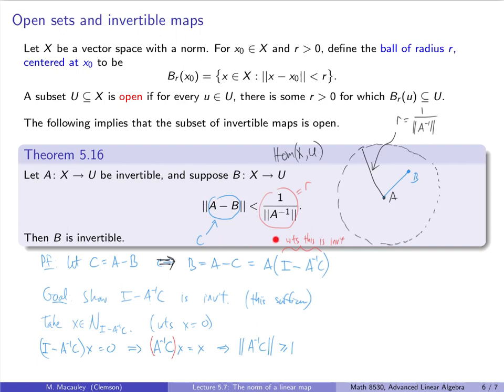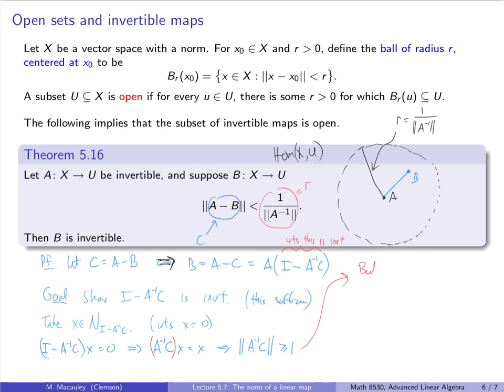Now what else can we say about A inverse C? Look at this assumption. The norm of C is strictly less than 1 divided by the norm of A inverse. So here's the key. I'm going to go up here because I think I might run out of room down here.